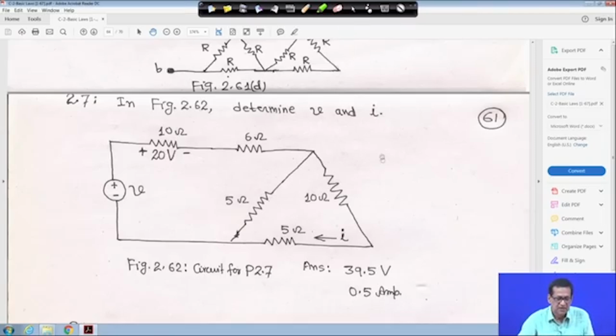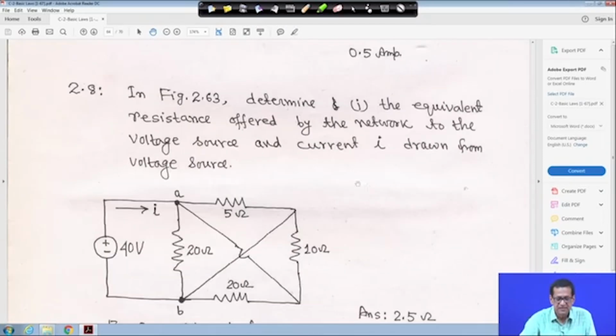One more in this figure: the first one, you have to find the equivalent resistance offered by the network to the voltage source and the current I drawn from the source.